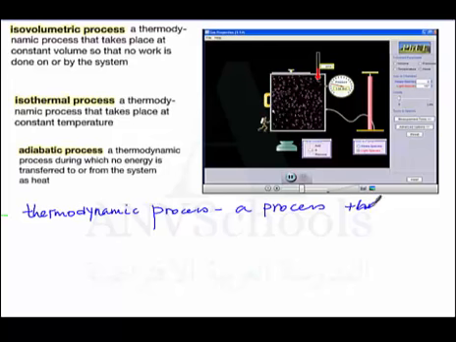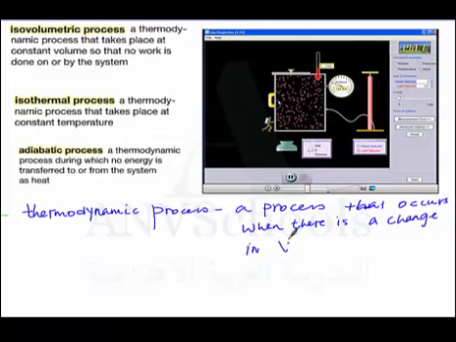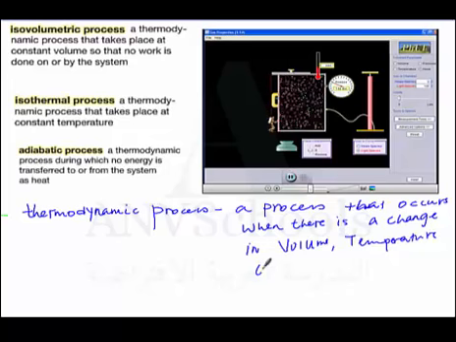It occurs when there is a change in any of the thermodynamic coordinates: volume, temperature, or pressure.